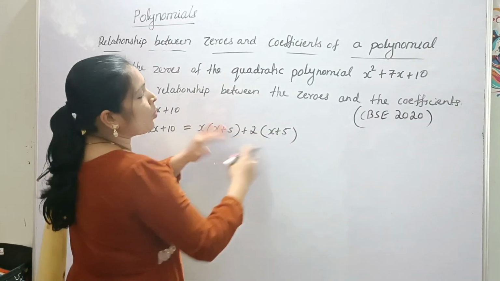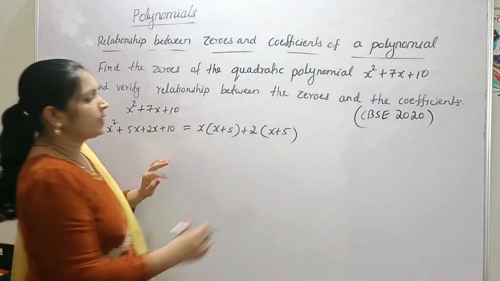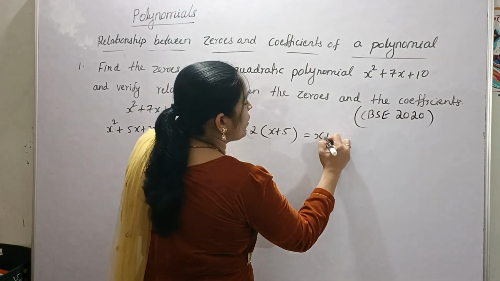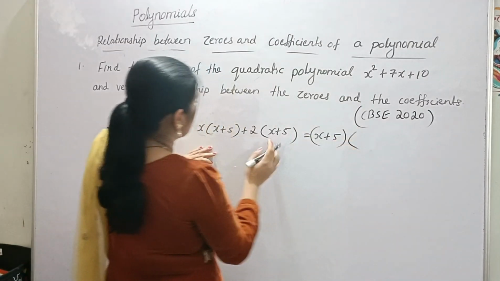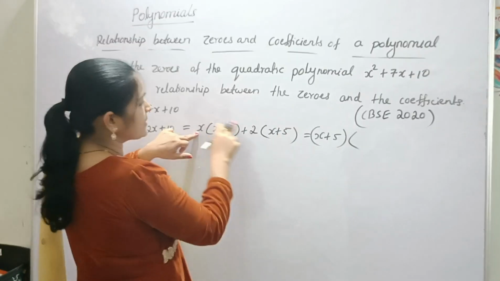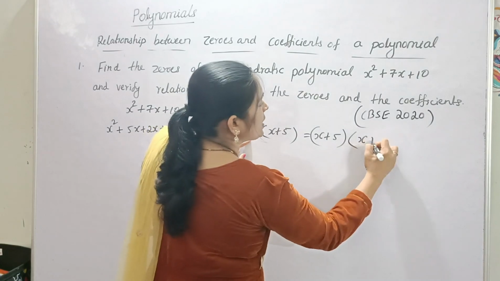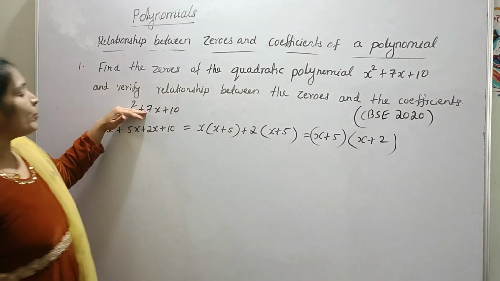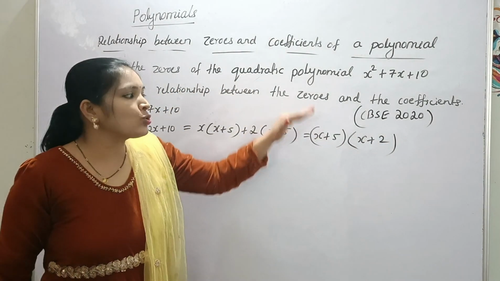Now in both the terms x plus 5 is common, so let's take x plus 5 outside, and the remaining is x plus 2. So this polynomial can be written as x plus 5 into x plus 2.